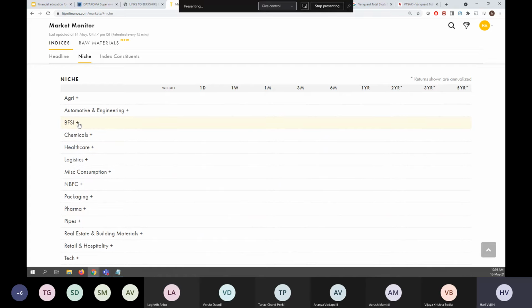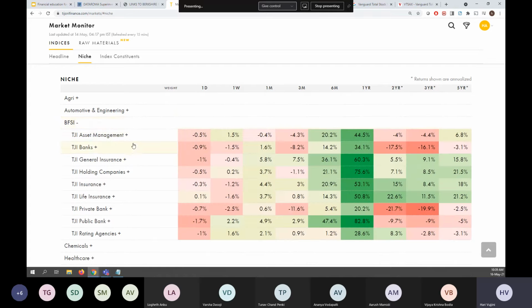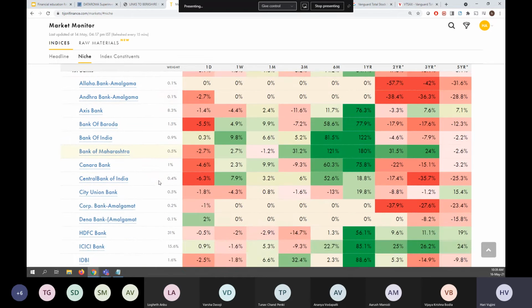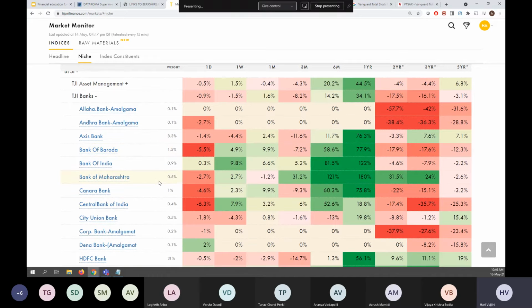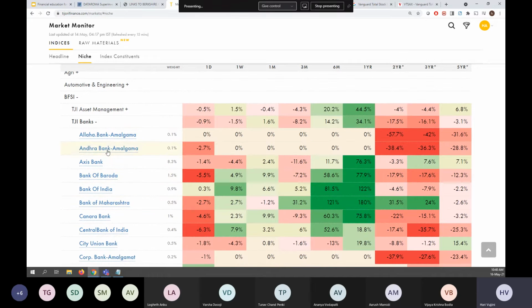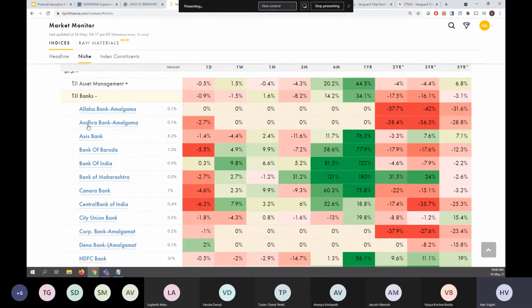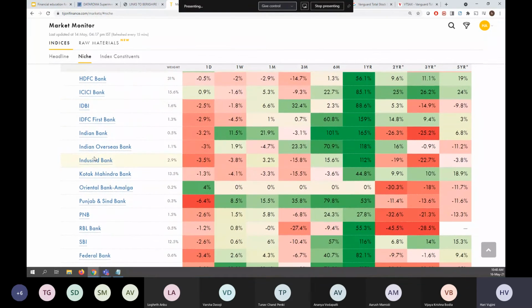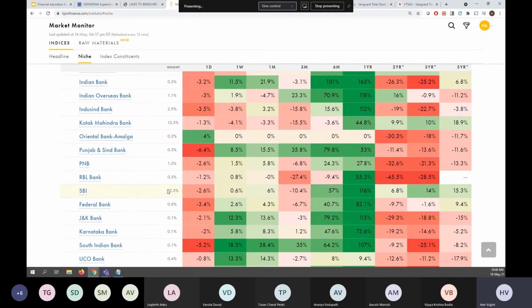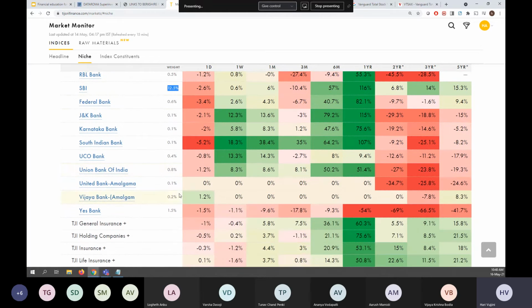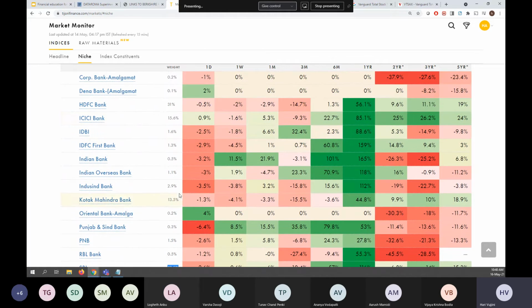Similarly, you can see banking, finance, and services and insurance. These are all the banks and insurance companies in India. Let's look at the banks, so that you get the feel. Within banks, which one has the highest percentage? SBI is 12.55%. Where is the other bank?